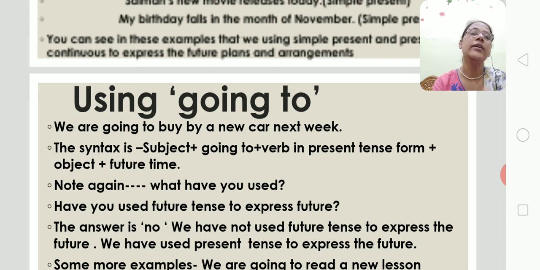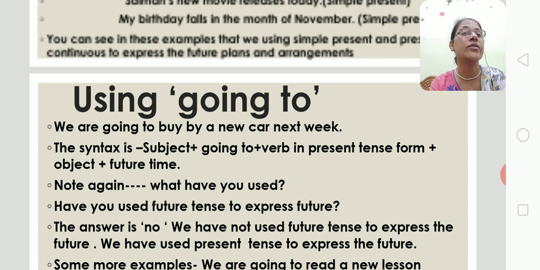You see, the subject is we, going to, usage of continuous form, but that is only going to. The main verb is what? To buy. To buy is the present tense form of the verb.